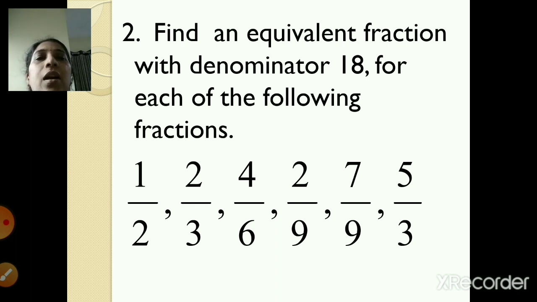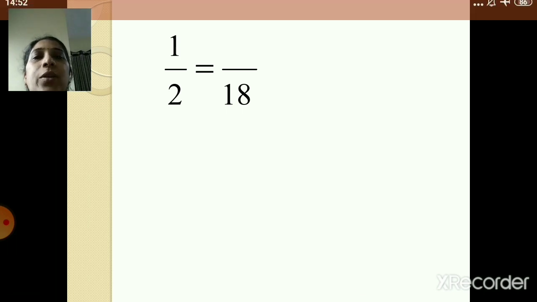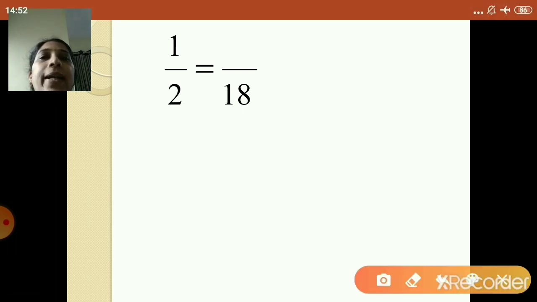So we'll take one fraction and we will solve it, right? So now first fraction I have taken 1 upon 2 and everywhere you want the denominator as 18. So what we'll do now, when you divide 18 by 2, right?